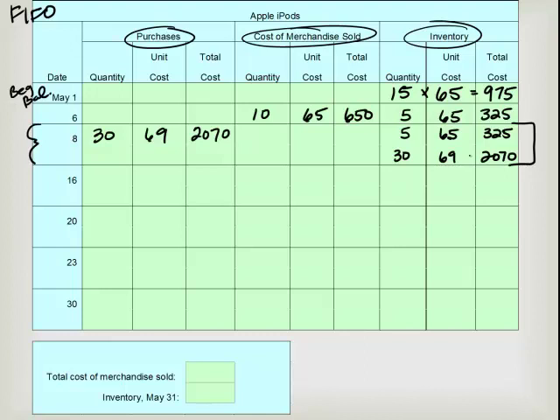Okay, this might be where it starts making sense for you. On the 16th, we made a sale of 15 units. Well, which 15 did we sell? The first 5 of the first and 10 of the second. So we sold the 5 $65 units and 10 of the $69 units.